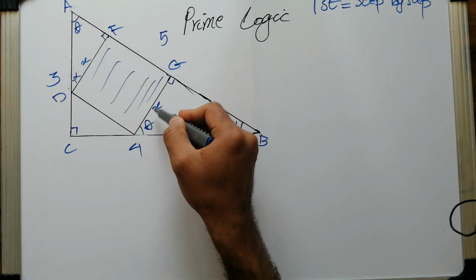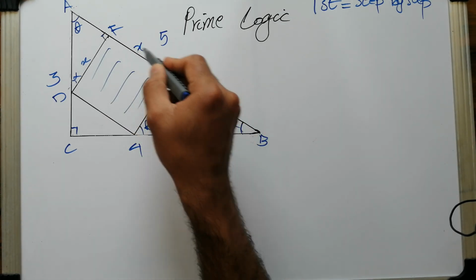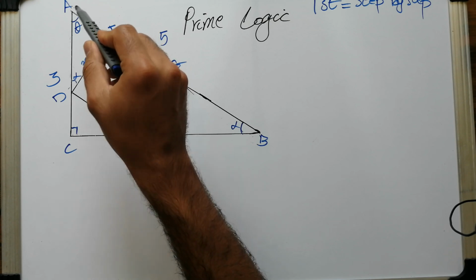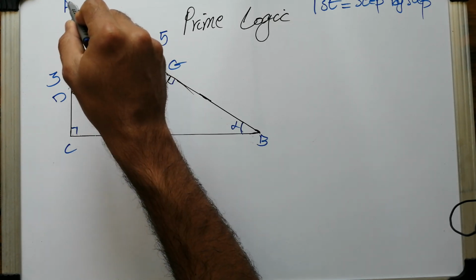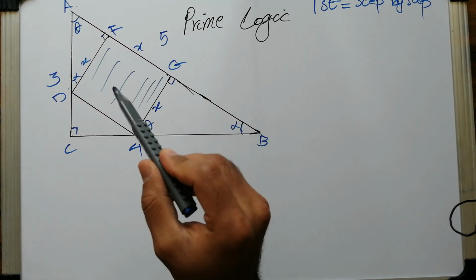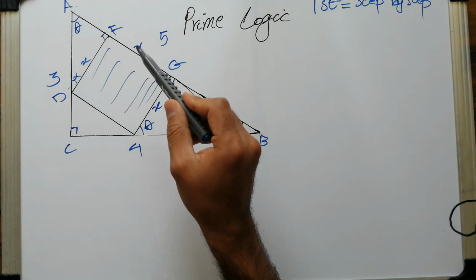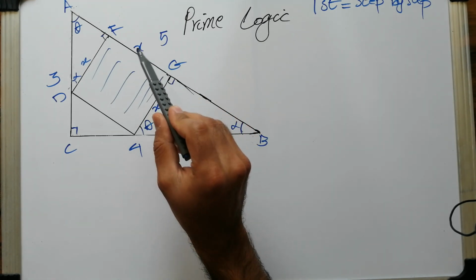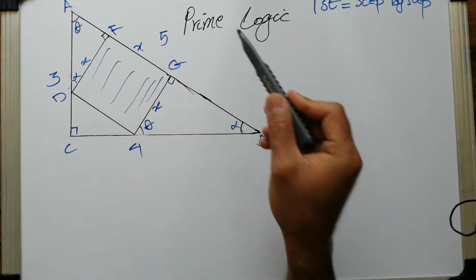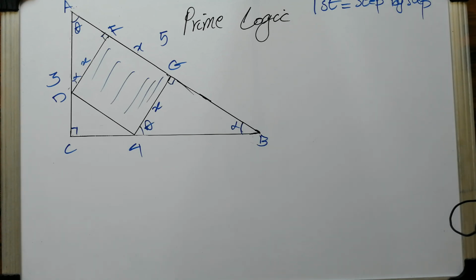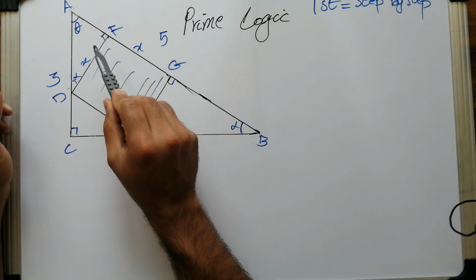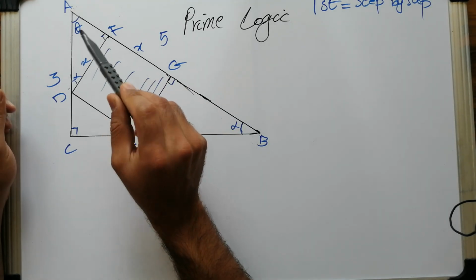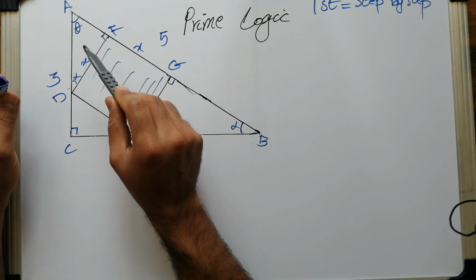Because we have the side length of this square, this FG is x. If we can find somehow the lengths of AF and GB in terms of x, then that's easy, because then we'll have an equation in terms of x, and we can easily solve it for x. For this approach, we can use some trigonometric values and relationships.